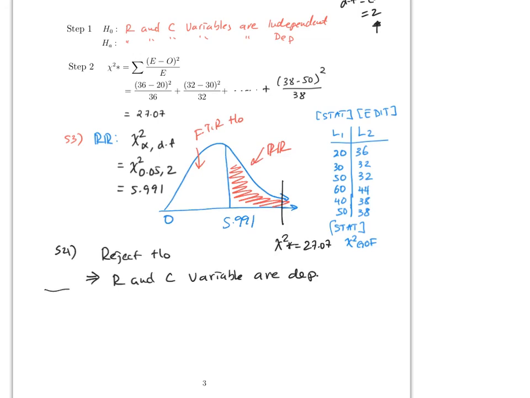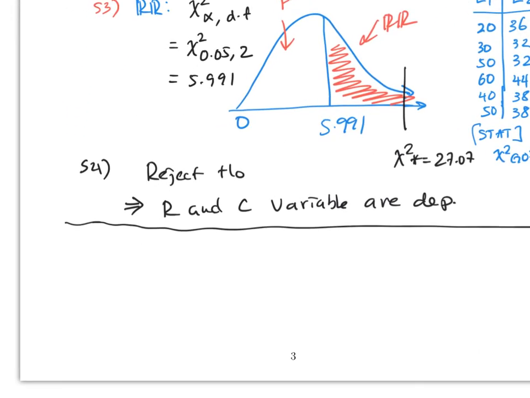If you want to find the p-value, remember that we have two choices. You can just use the calculator first, so let's do that one, or you can use the table. So for the p-value, remember the p-value for step 3, it will be the probability that chi squared is greater than chi squared star, or in this case the probability that chi squared is greater than 27.07.